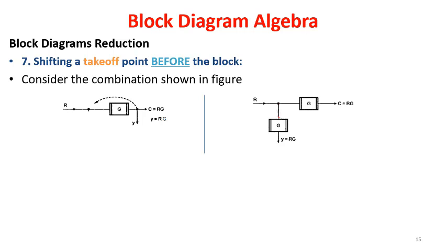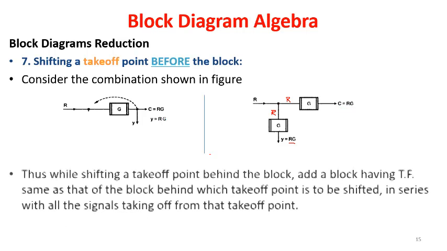So from this takeoff point, in series, I have to bring an additional block of the forward block G only. Then what will be the outcome? R will be here, and when I am tapping here, here also it will be R. But when R passes through this block G, the output will be Y equal to R into G, and the output here also will be C equal to RG.